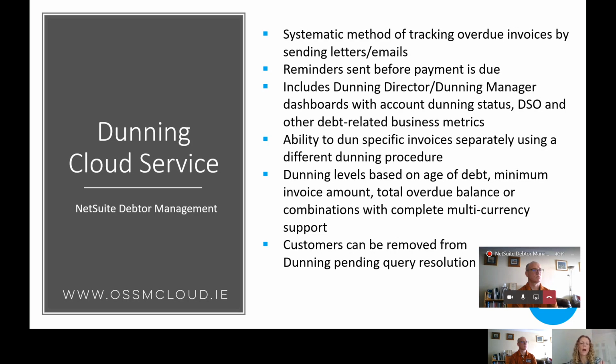And you can remove particular customers from the dunning cycle. So if there's a query or some customer service issue that you need to resolve, you can just remove them so they're not annoyed with you chasing them.